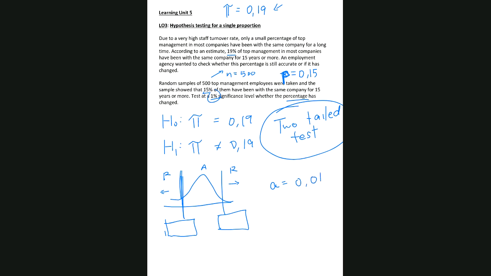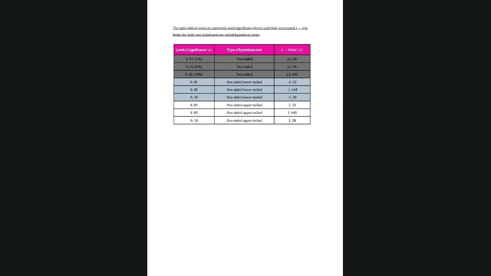So we then look at the information provided in your textbook, which is the table that looks like this. You're looking at a two-tailed test, so any one of these three, and at a 1% level of significance, your critical limit is 2.58.